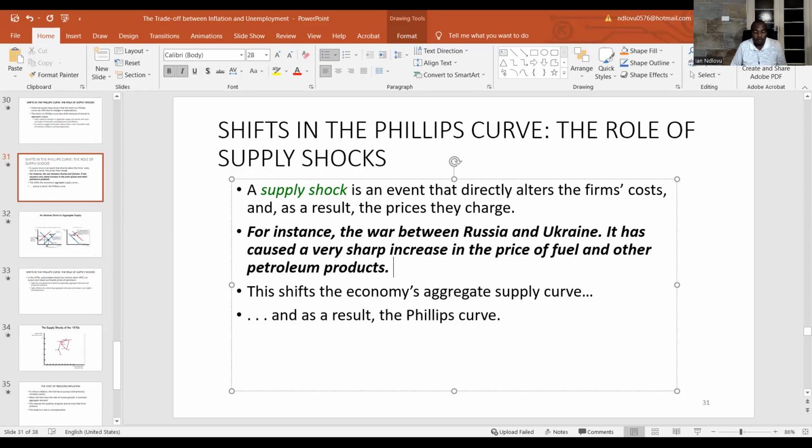From 1.74 minus 1.34, it translates to 40 cents, almost half a dollar increase due to a supply side shock.